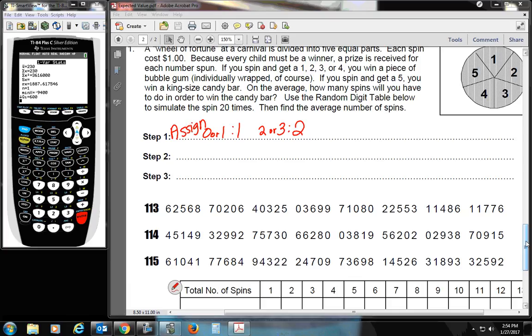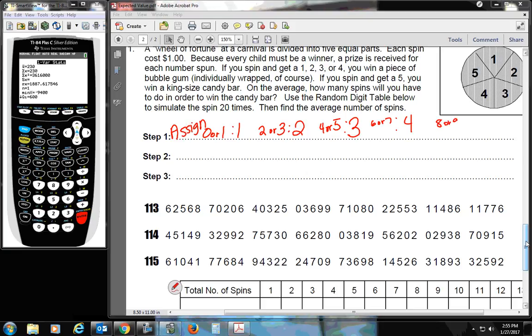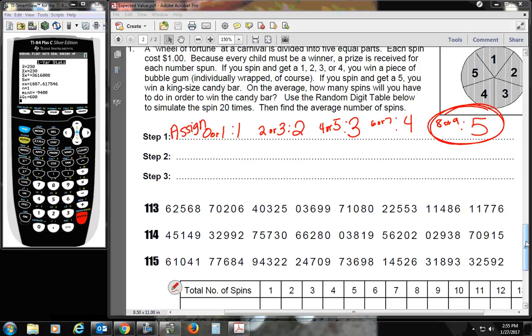If I get 4 or 5, then that's a section 3. And so 6 or 7 is section 4. And then 8 or 9 is going to be section 5. But really the only one that matters is getting the 5, because if you spin and get a 5, you get the king size candy bar, and they want to know how many spins it takes to get the candy bar.